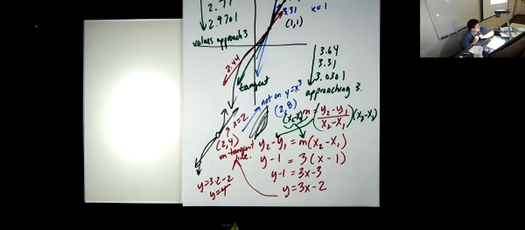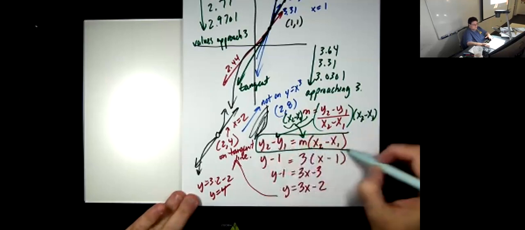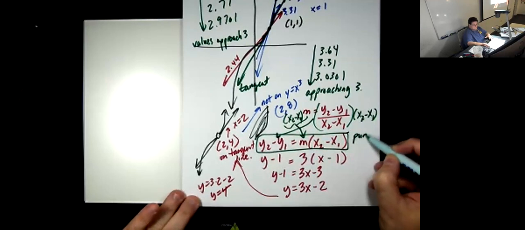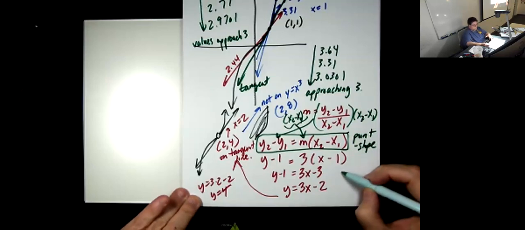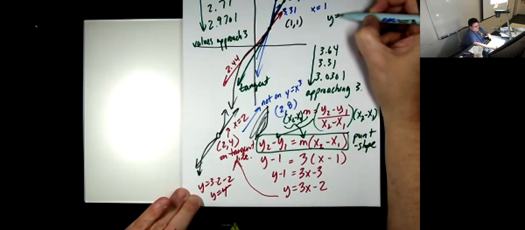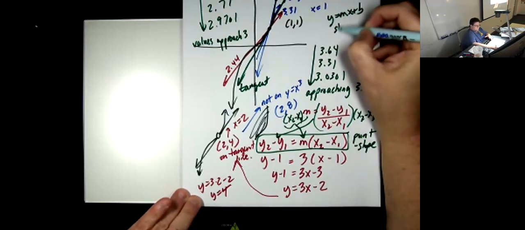So is that a generic way to just find the whole equation? Yes, in fact, this right here is called the point slope form of the equation. Point slope form. And y equals mx plus b is called the slope intercept form.